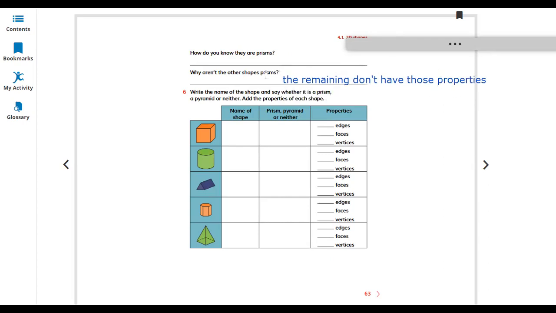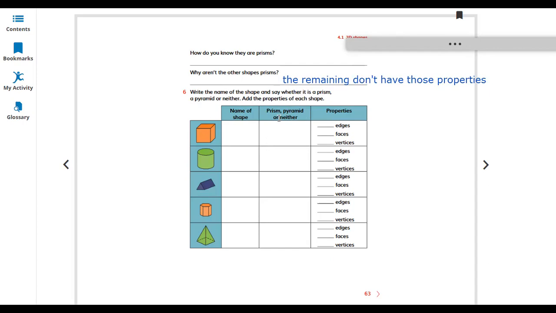Okay, question number 6. Write the name of the shape and say whether it is a prism or a pyramid or neither or both of them, and add the properties. Okay, let's start. Name of the shape. You can see the shapes: cube, cylinder, triangular prism, hexagonal prism, and square-based pyramid.